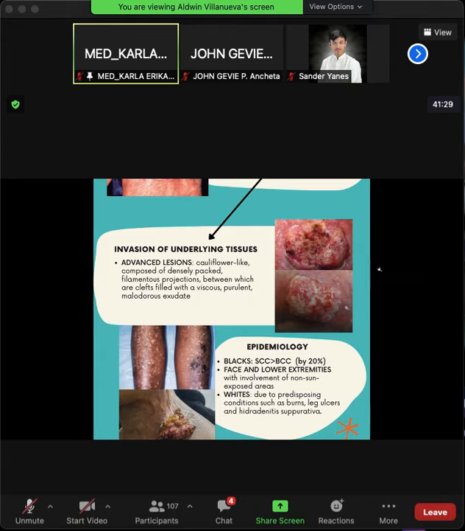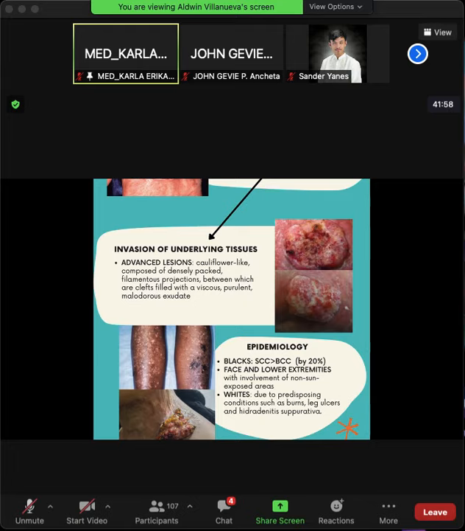And of course, for the morphology, BCC has a distinct morphology. One thing to remember for BCC is RUTT. R stands for rodent ulcer, U is ulceration, T is translucent papule or pearly papules, and the other T is telangiectasia.